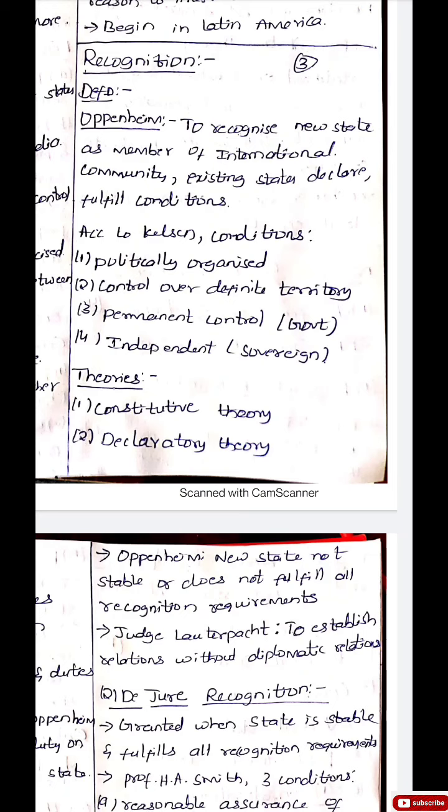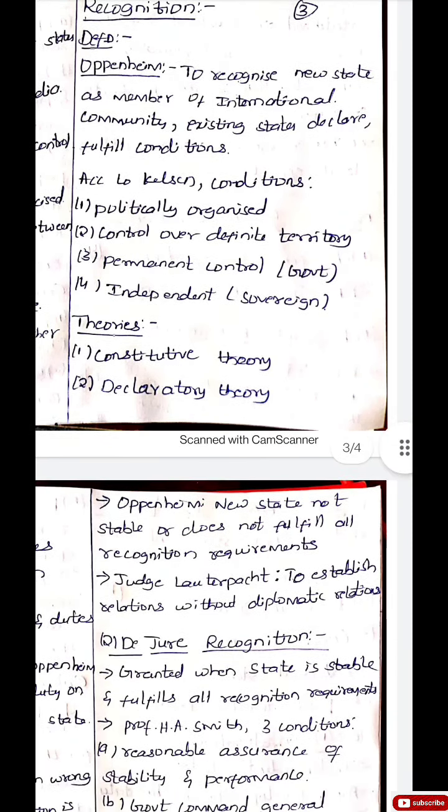So if a new state fulfills all the conditions of international law, then the already existing states of the international community will recognize it as its new member.